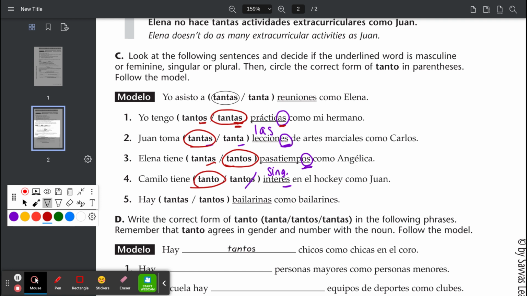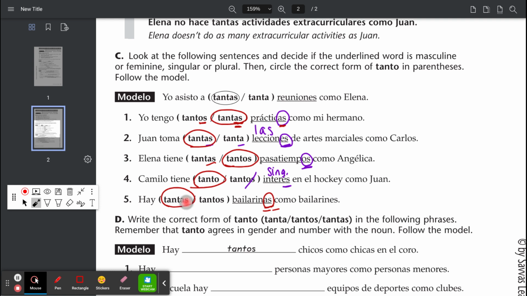Okay, number 5. Yo blank bailarinas como bailarines. So bailarinas ends in AS, it is feminine and plural, so we would use tantas. However, if this was flipped, if this said yo blank bailarines como bailarinas, then we would use tantos because bailarines is masculine plural.